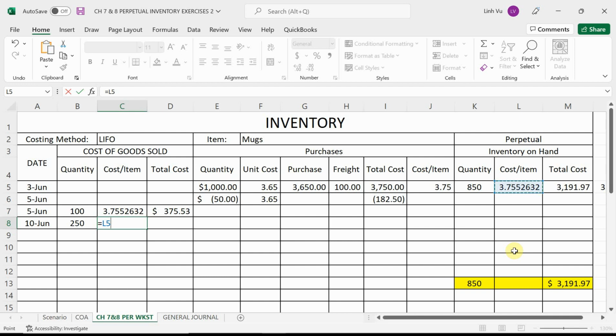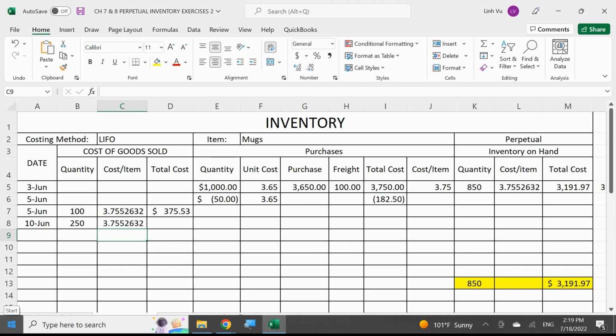We do care about the exact batch of inventory that we are selling. I only have one batch of inventory for now, so right now that 850 batch of inventory is currently costing $3.755262. That's exactly how much each item is going to cost me.